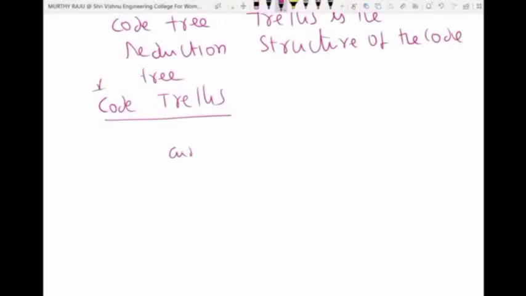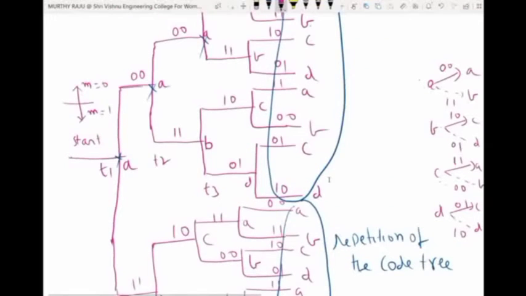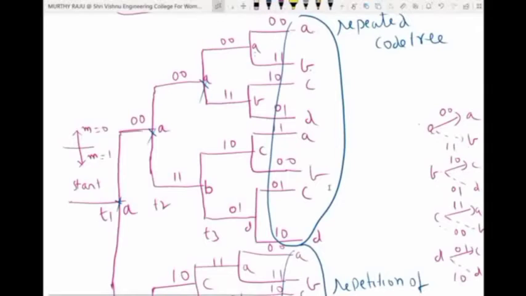Current state, here next state, here output is indicated on the branches. After 3 successive intervals, the code tree has a repetitive structure. Consider these are the current states A, B, C, D. These are the next states A, B, C, D.